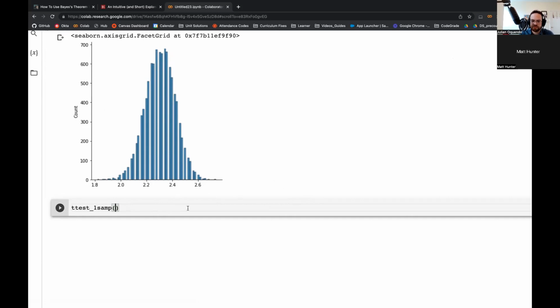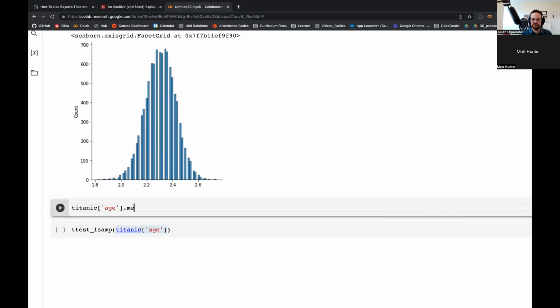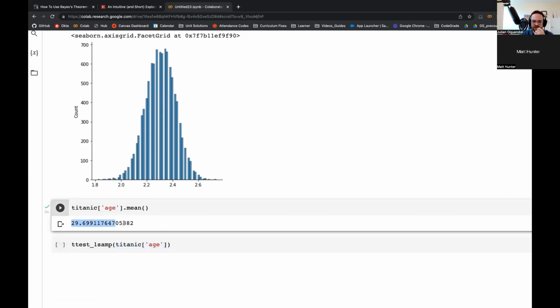So in class, one of the things we did was take the average age of individuals on the Titanic and try to measure whether that average age, the mean, which we determined to be close to 30, fits.